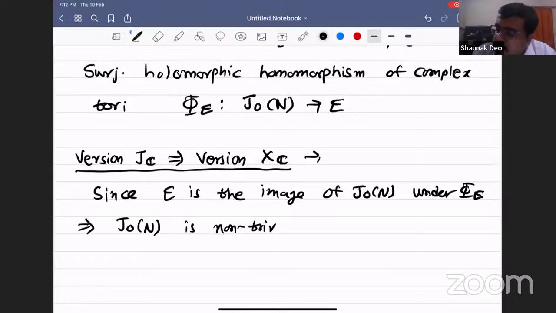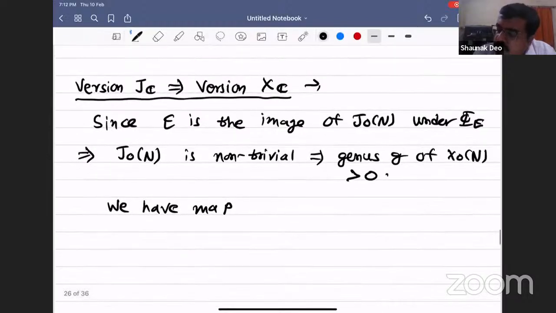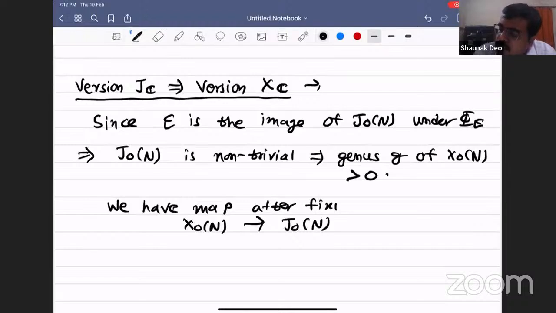But this means that the genus g of X_0(n) is greater than 0, because if the genus is 0, then Omega^1 has dimension 0, so the Jacobian is trivial. So because the genus is greater than 0, X_0(n) embeds into J_0(n). The map is simple: after fixing a base point, you have to fix a base point.